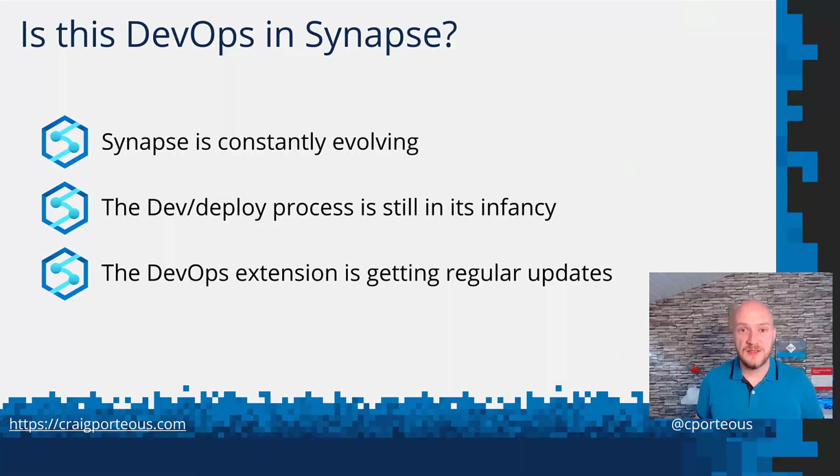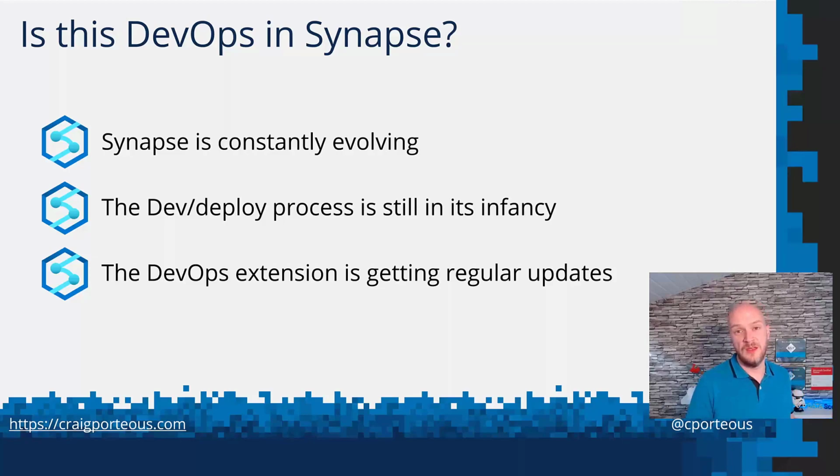Just to summarize, is this what DevOps looks like in Synapse? It is currently evolving and it's constantly evolving. The actual Azure resource deployment process is fairly straightforward, and you can handle it with other tools such as Terraform, for example.